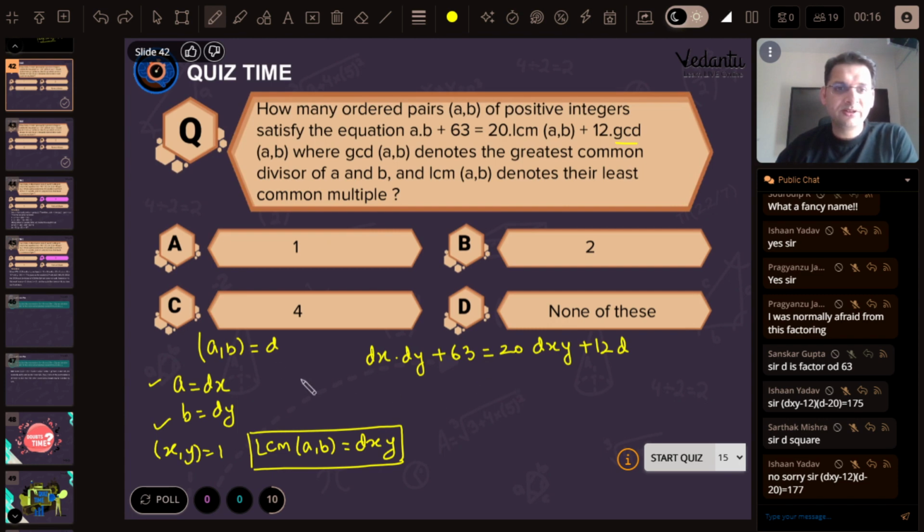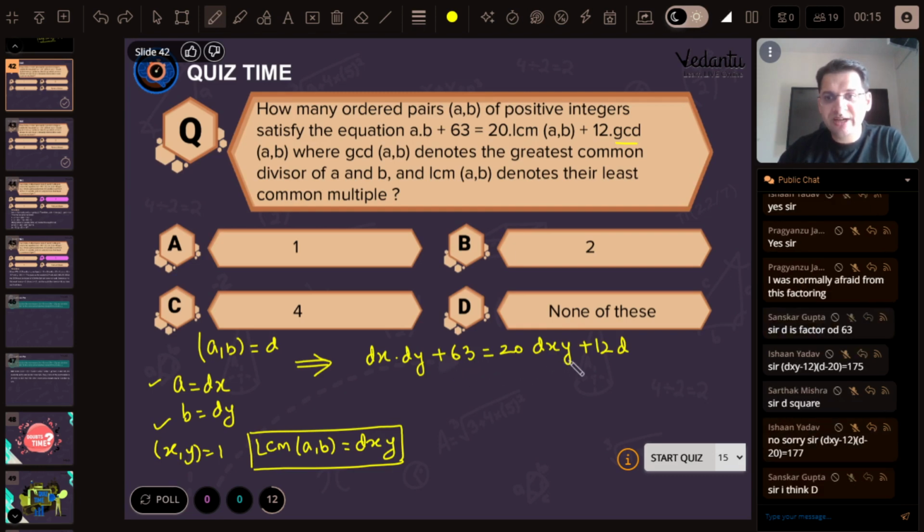Now, how do we proceed? A into B is dx into dy, plus 63 is 20 times (dx plus dy) plus 12 times d. So how do we proceed now?